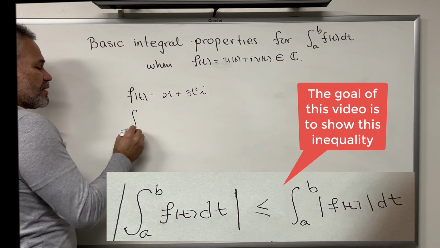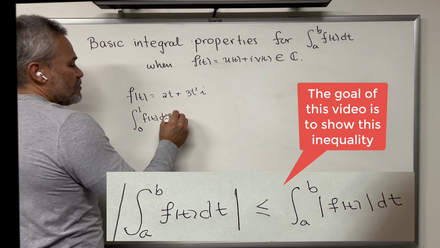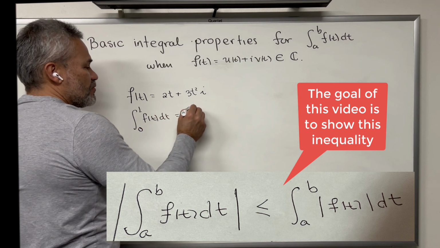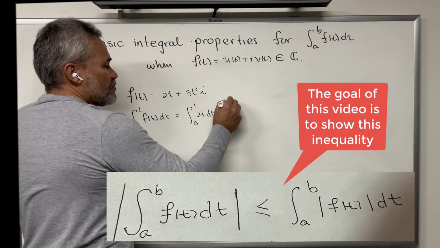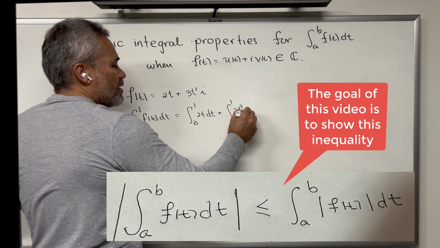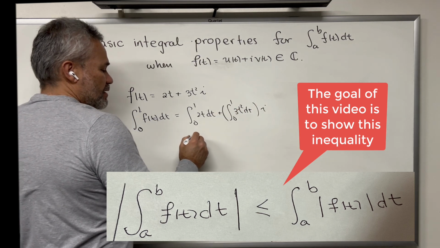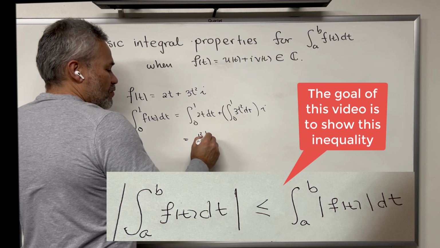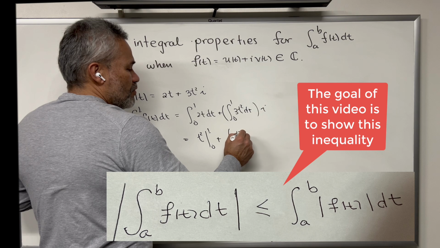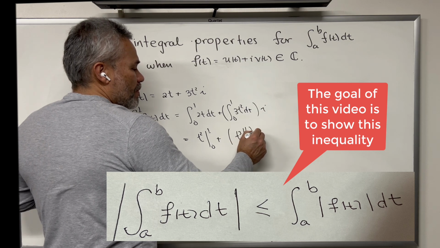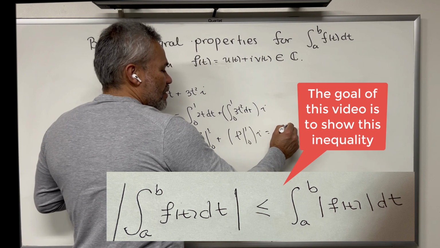If we want to do the integral from 0 to 1 of f of t, then we just do this: it is equal to the integral from 0 to 1 of 2t dt plus the integral from 0 to 1 of 3t squared dt i, and then we get t squared from 0 to 1 plus t cubed from 0 to 1 i, and then we get a complex number. We get the complex number 1 plus i.